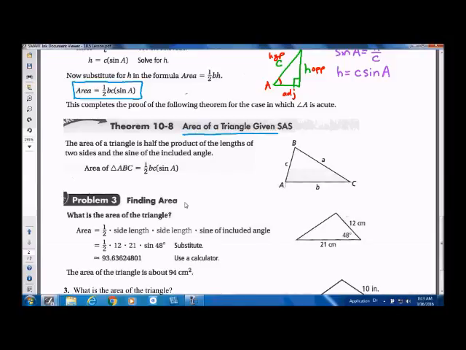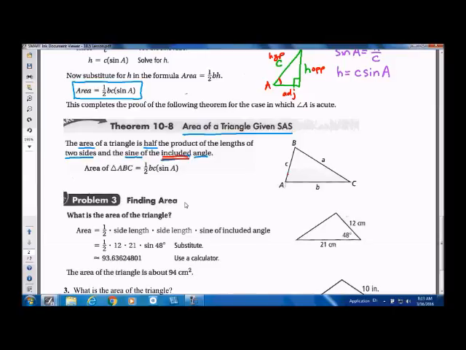The area of a triangle given SAS. You can find the area of a triangle, which is half the product of the lengths of the 2 sides and the sine of the included angle. We know side angle side requires included angle.